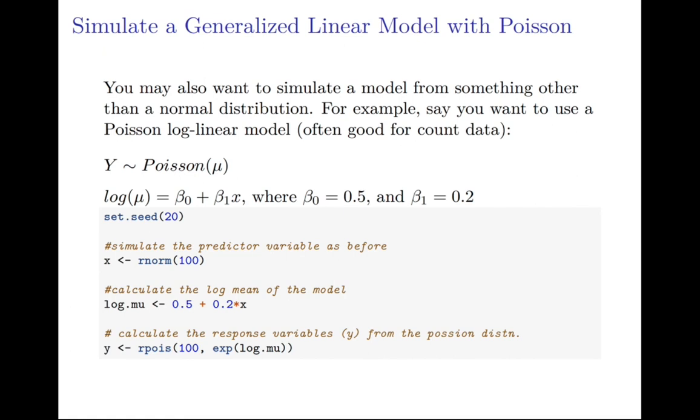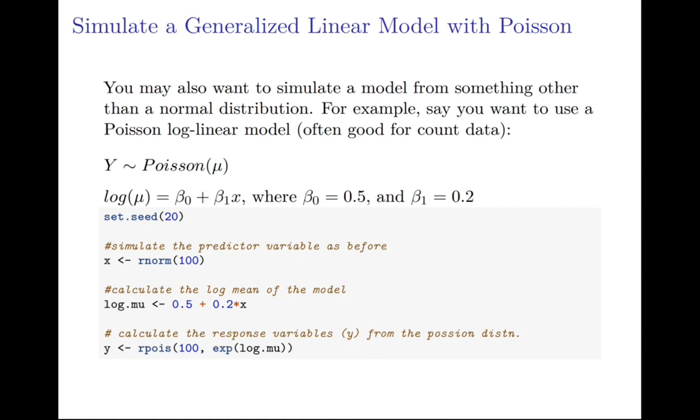Again, set your seed so you know you're getting the same numbers every time. Simulate the predictor variable x, which in this case is drawn from a normal distribution, but then you need to log transform that. So you have to take the log mean for the model, so you can run that through the Poisson. So that would be 0.5, right?